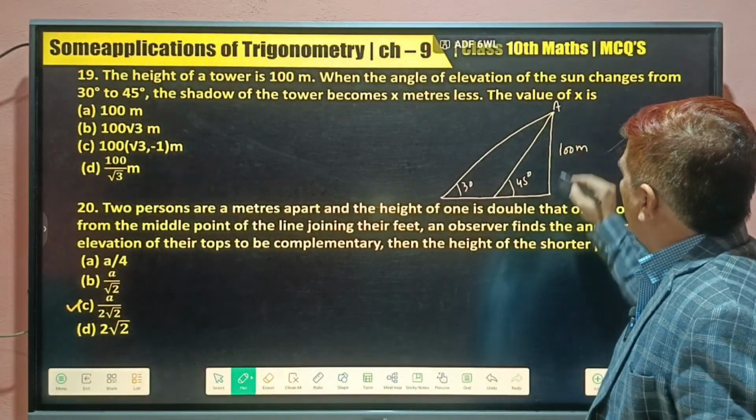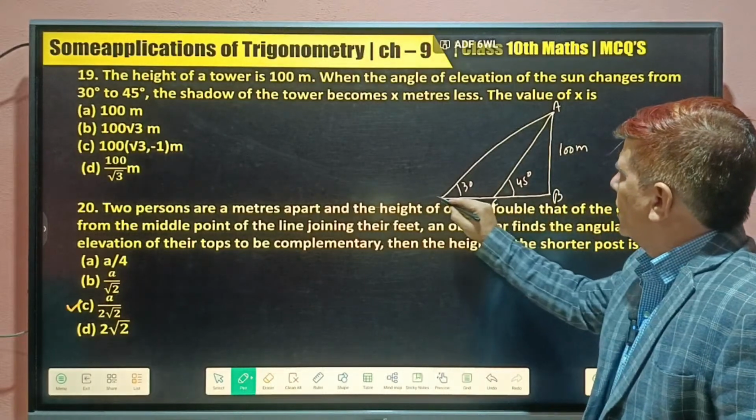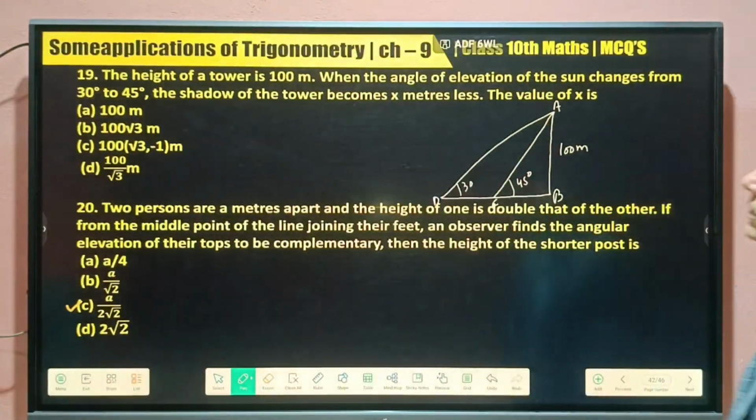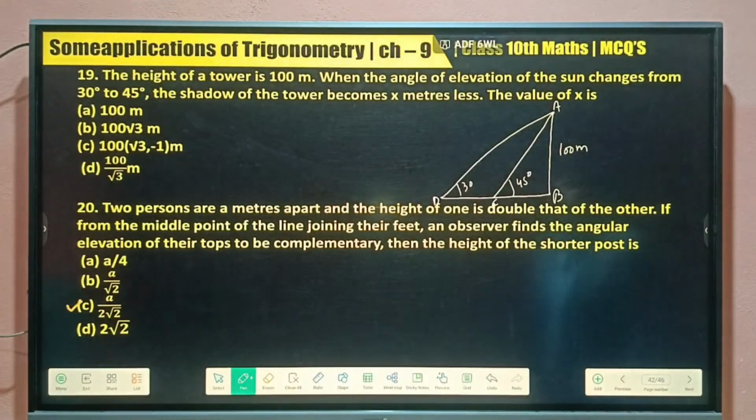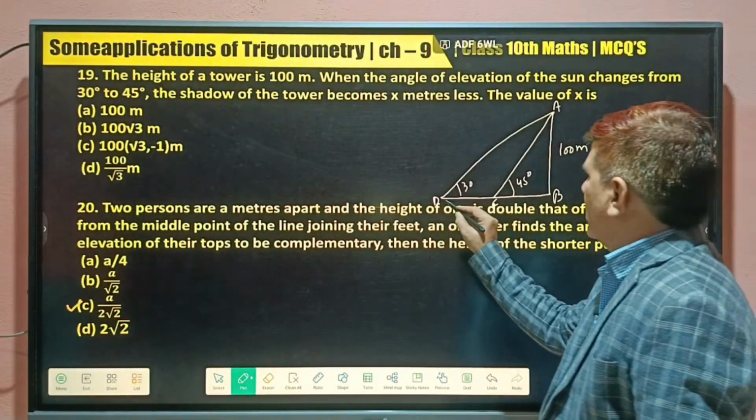These points are A, B, C, D. The shadow of the tower becomes X meter less. The value of X is this.